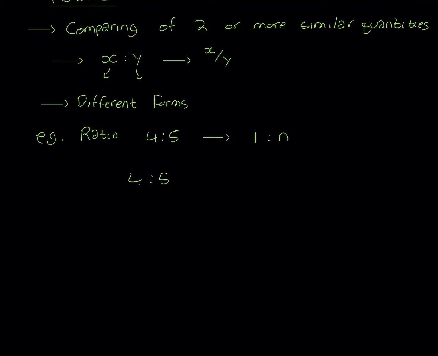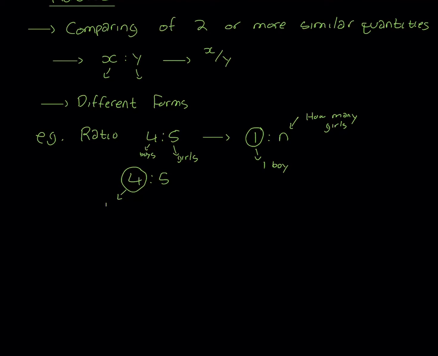If we look at this number here and this number here, let's say this can be the number of boys, and let's say this is girls, right? Now this is essentially saying how many girls are there going to be for every one boy?